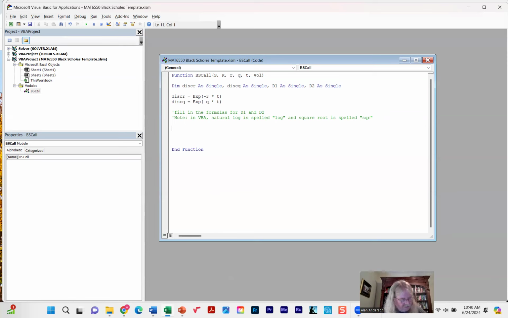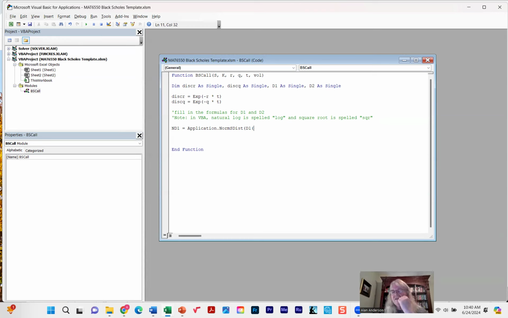Now, what you're going to do next, oh, baby, this is tricky. The ND1 and ND2 is pretty complicated. So I'm going to help you with that, because you're using the norm.s.dist, but in order to invoke that in VBA, you not only have to know how to spell it, but you're going to find out that it is an Excel function that only exists in Excel.